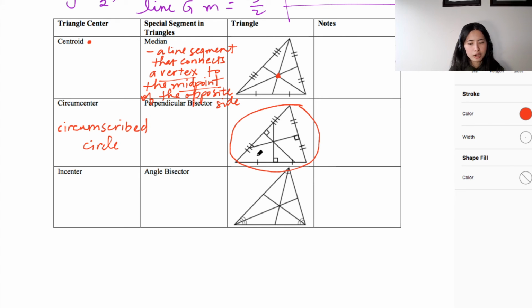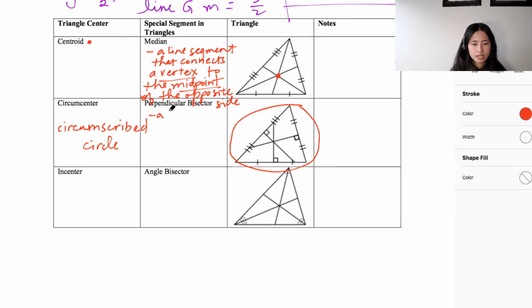So your perpendicular bisector is just a line segment that cuts a side. So you have this starting from here, so you're cutting this triangle into 2 sides. It's cutting this side and it creates a right angle. That's what a perpendicular bisector is.